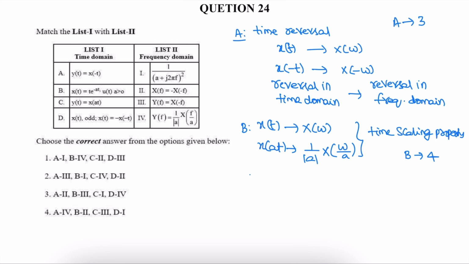So C is statement 1. Next is, Fourier transform of a real and odd signal is purely imaginary and odd.